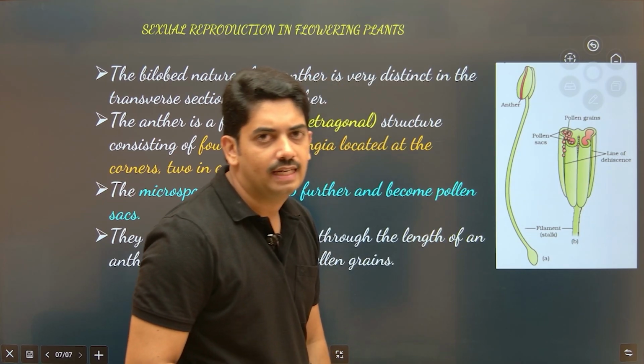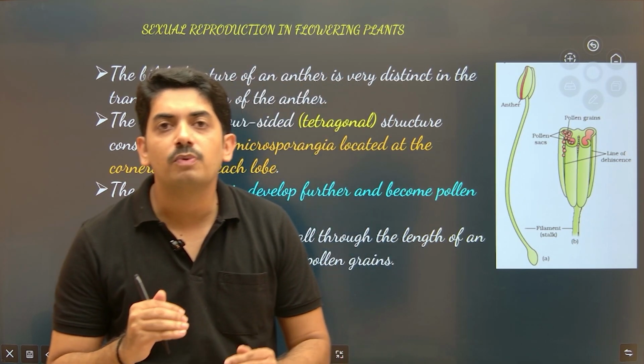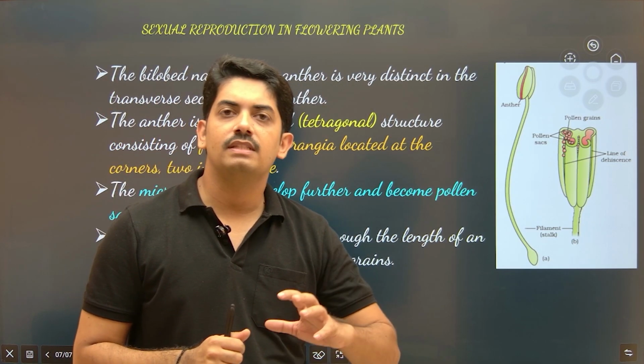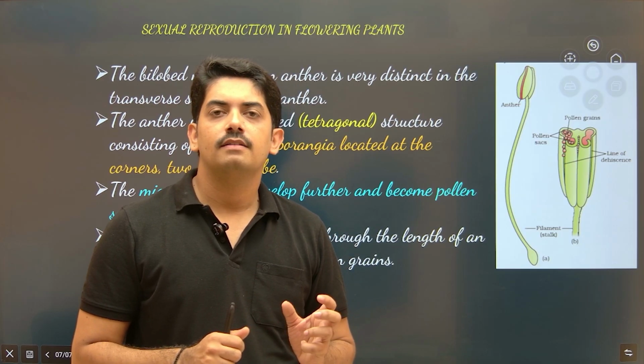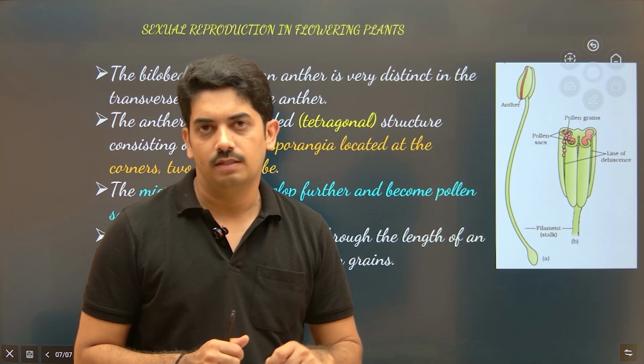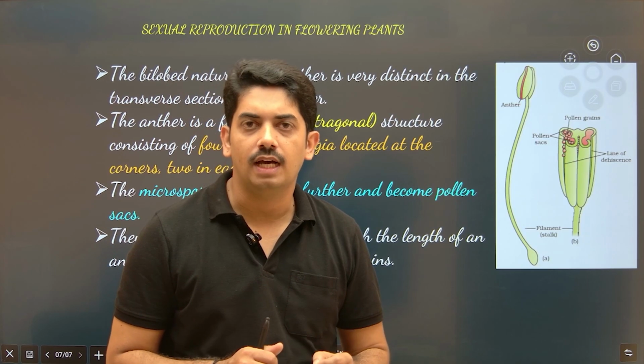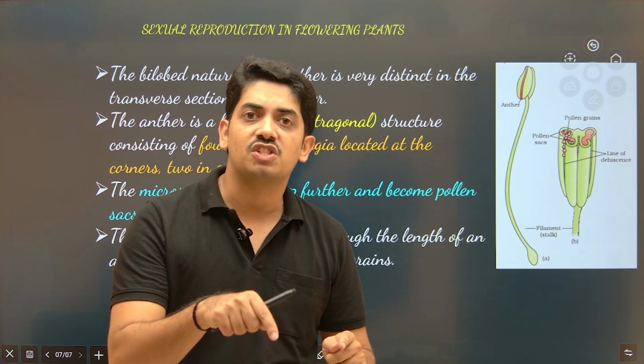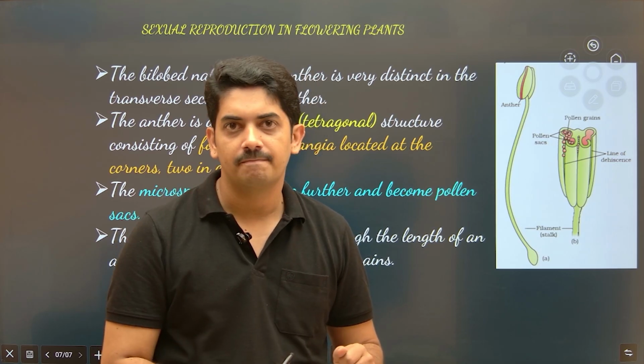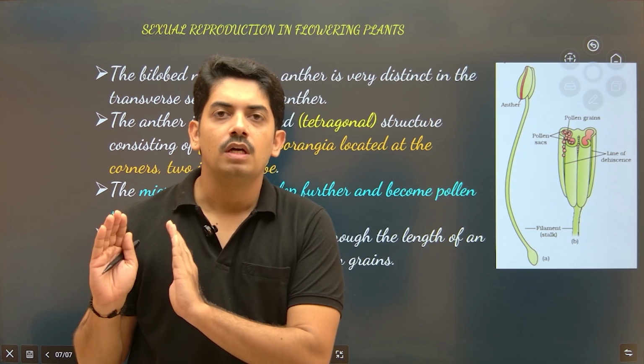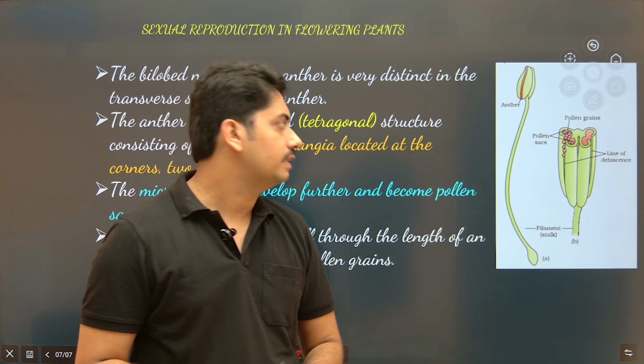See, try to understand the term microsporangia. Micro represents the gamete which is smaller. That is why the term microsporangia. Microsporangia is the structure inside which microspores are present. That means it is something related to the male reproductive part of the flower.